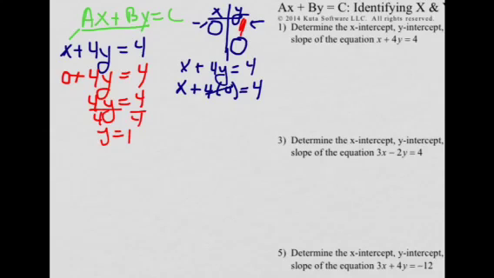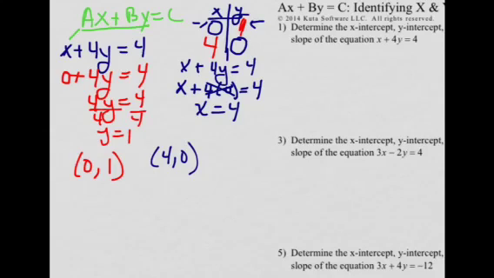Well, 4 times 0 is 0, so this cancels, and we get x equals 4. This just means that our y-intercept is the point (0, 1), and our x-intercept is the point (4, 0).